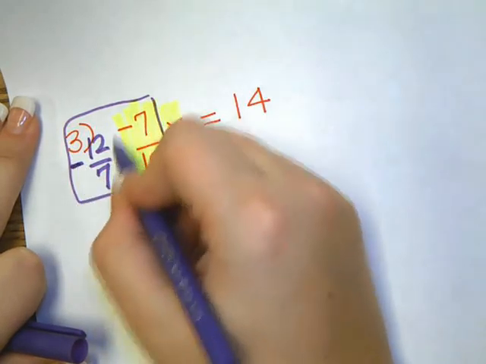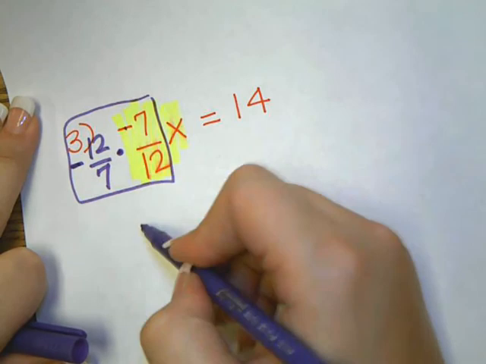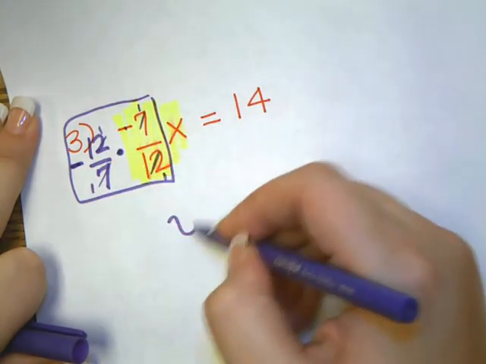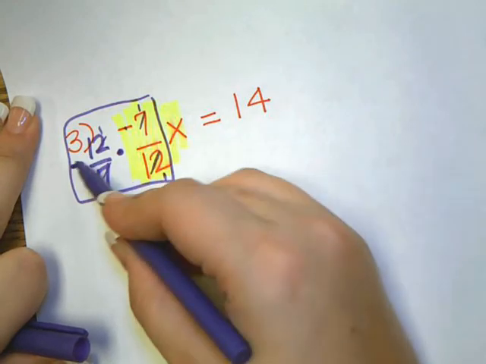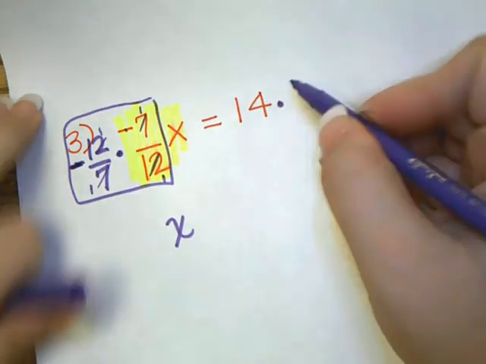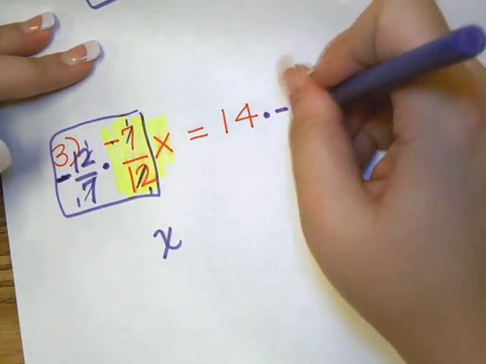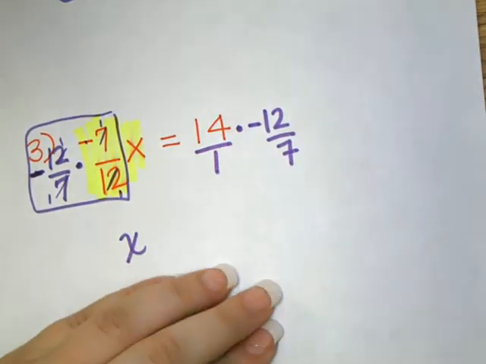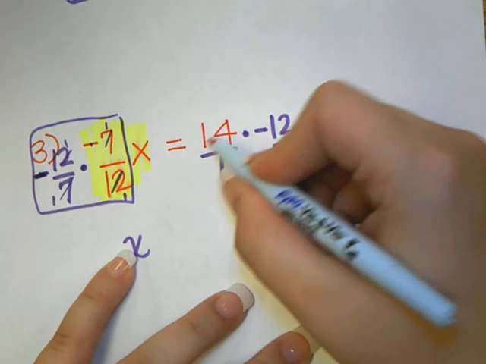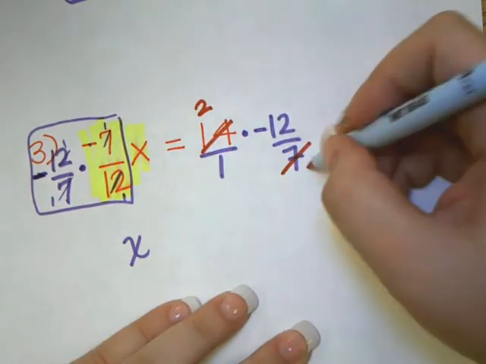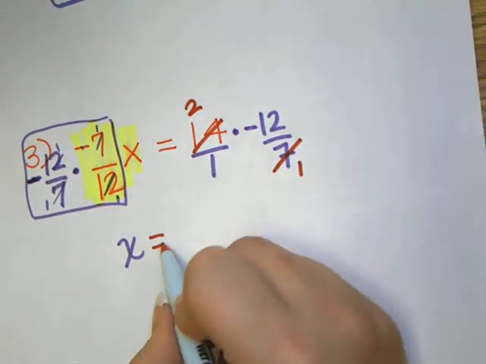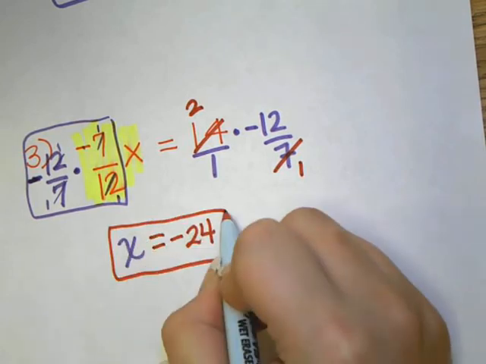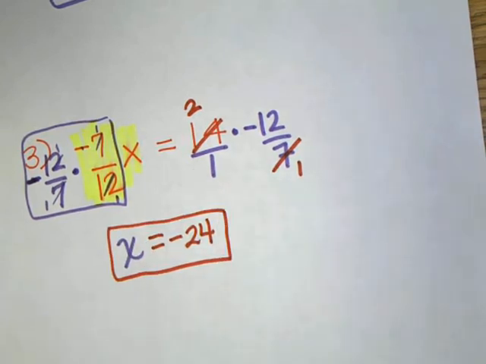This is going to cancel out. And remember why this has to be negative, because a negative times a negative is a positive 1. Everything makes 1 here. So we want a positive 1x, so you need that negative there. And then we're going to multiply this side by negative 12 sevenths. So 7 goes into 14 twice. So we have x equals negative 24.